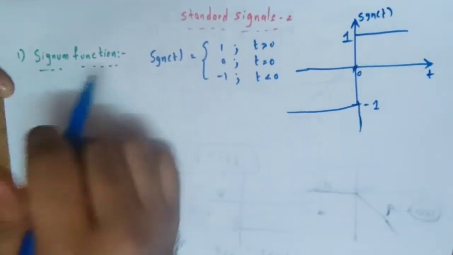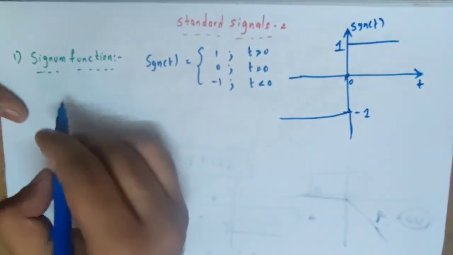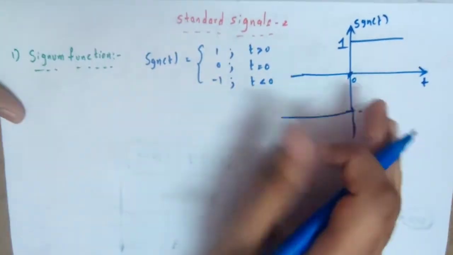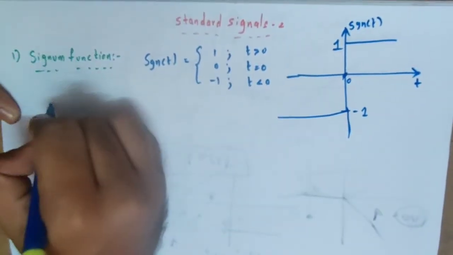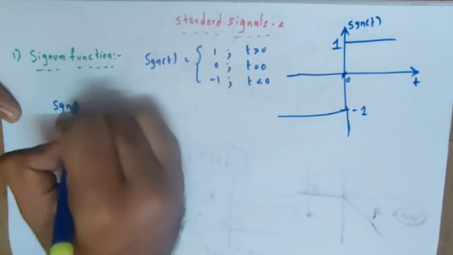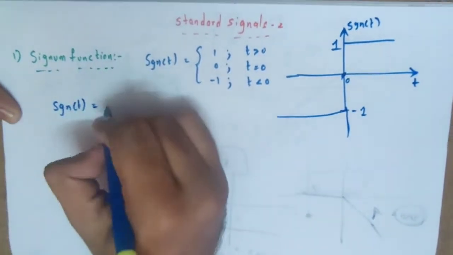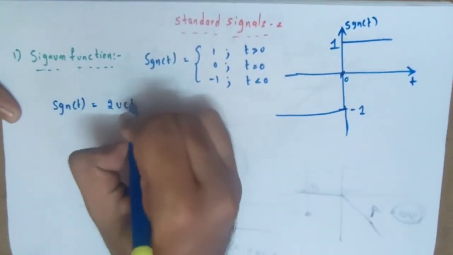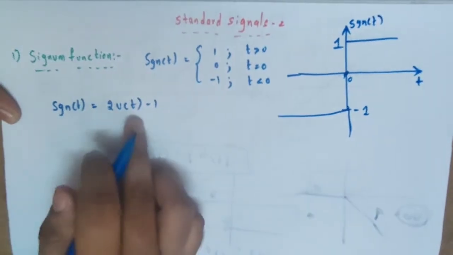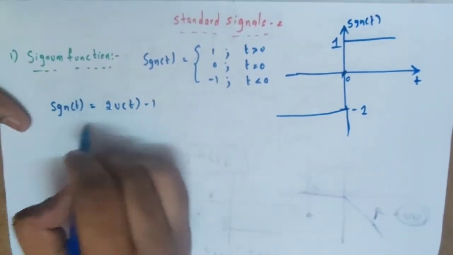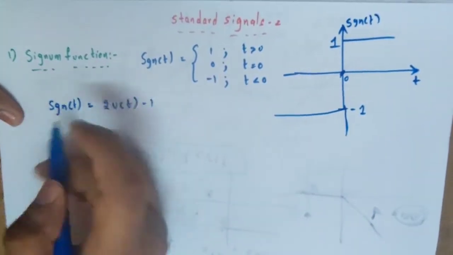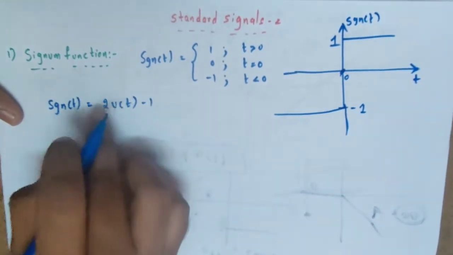Now let us draw some conclusions using this Signum function. By seeing this graph, you should be able to conclude that Signum of t is equal to 2 times u of t minus 1. How is this possible? Let us prove this graphically. What is the graph of 2 times u of t?